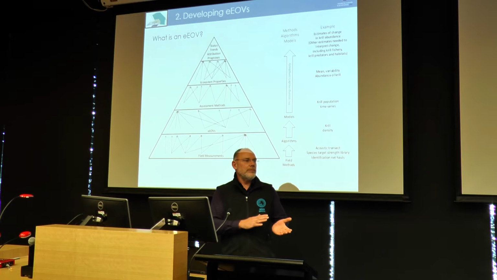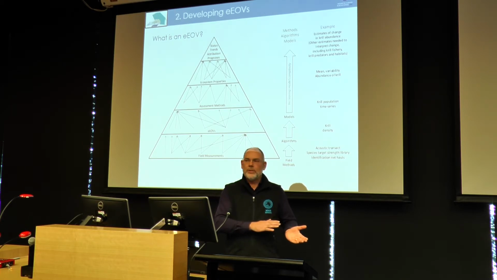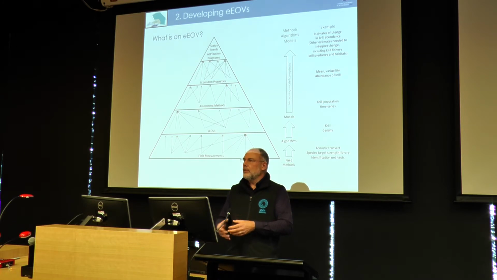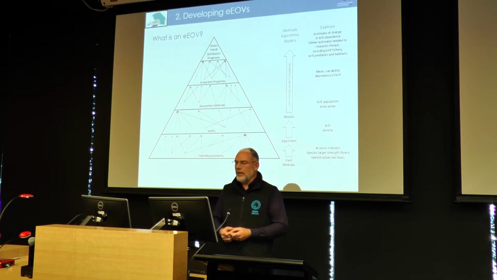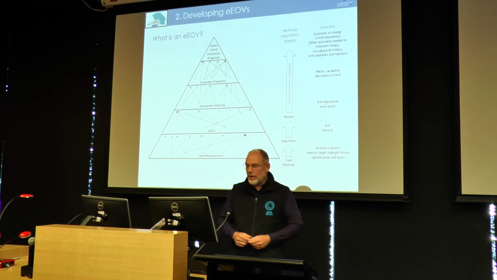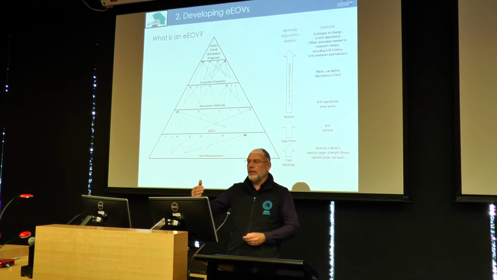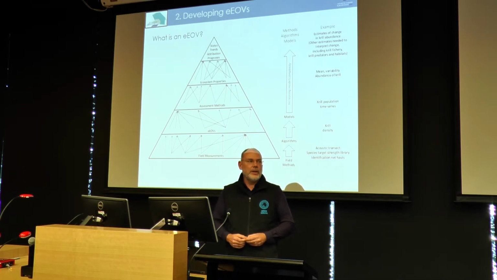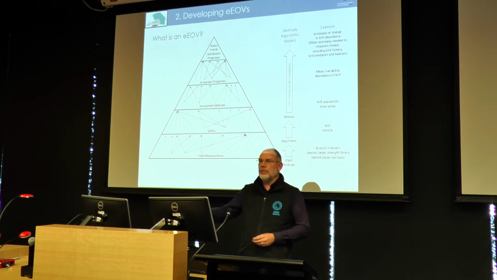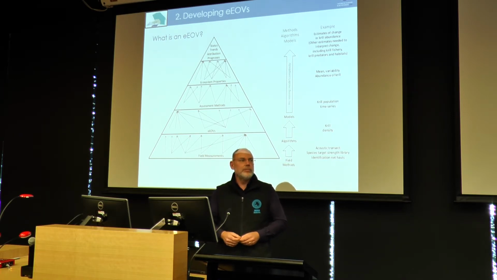So we saw then we need to have field measurements that we will then transform in some way into our EEOVs, and then from there we will have assessments. On the right-hand side, you'll see that there is a range there in a krill example running from an acoustic transect or an acoustic signature through to an estimate of krill density and so on.